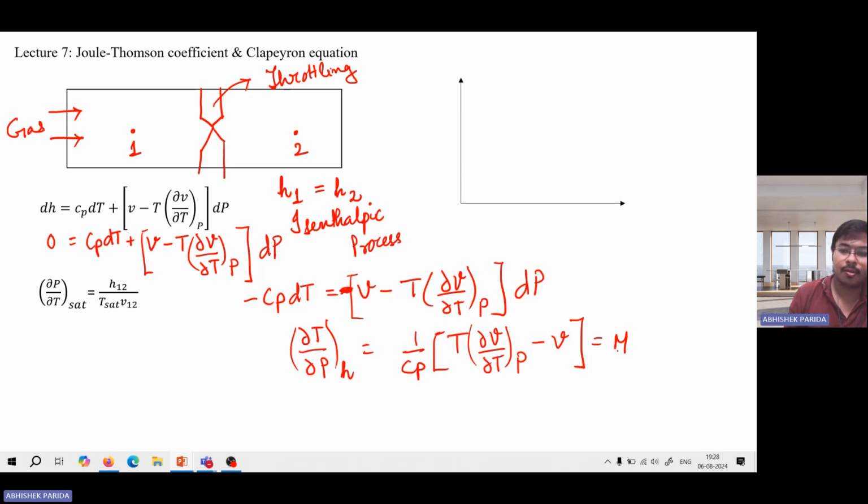This is nothing but the slope of the T-P curve, when T is the y-axis and P is the x-axis, and we draw a series of isenthalpic processes, for example something like this.